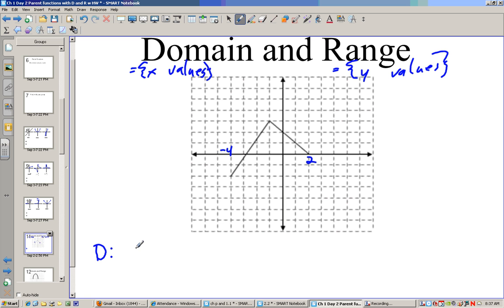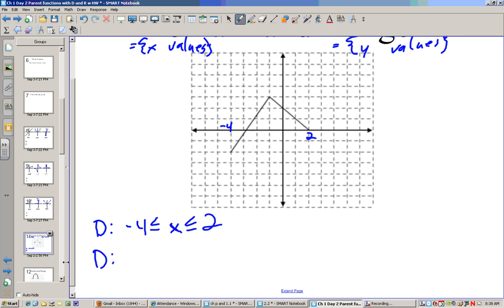The domain is between -4 and 2. So this is saying x is between -4 and 2. We could also say that it is between -4 and 2 like that. That's kind of a more shorthand method for writing domain and range.